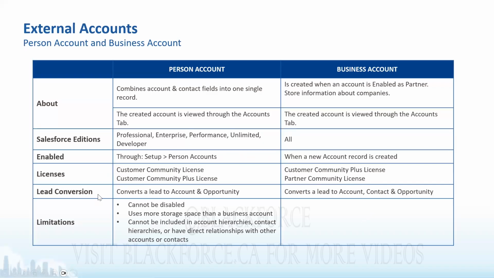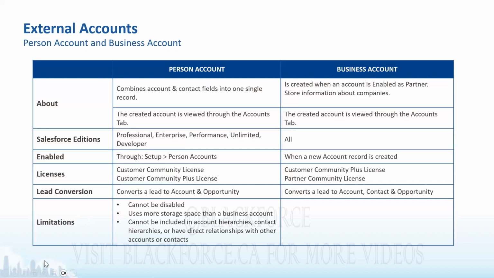In terms of lead conversion, with a person account, you can convert a lead into an account and opportunity. While with a business account, you can convert a lead into accounts, contacts, and opportunity. And this is an account, obviously, because it merges the account and contact fields into one.